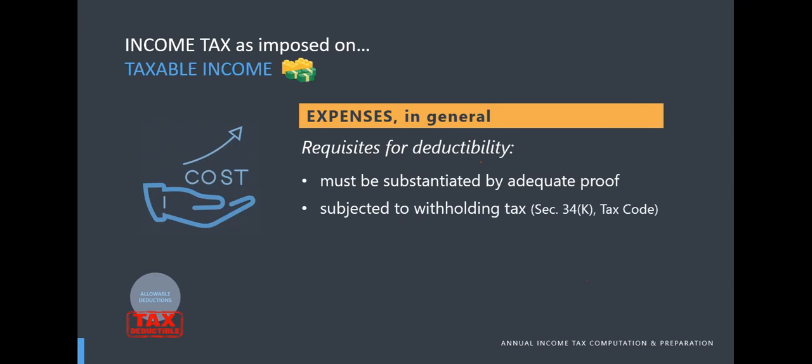Next, all expenses must be subjected to withholding tax. So there are certain expenses that are subject to withholding tax. There are some that are not. So for those expenses that are subject to the imposition of withholding tax, an expense must have a corresponding remittance of withholding tax for it to become deductible.